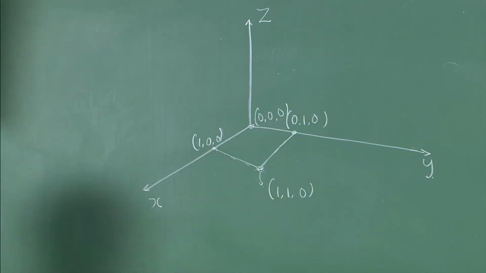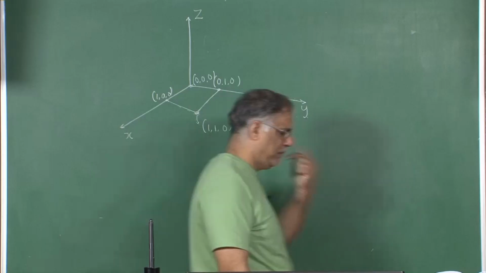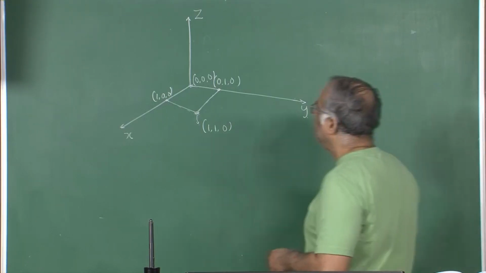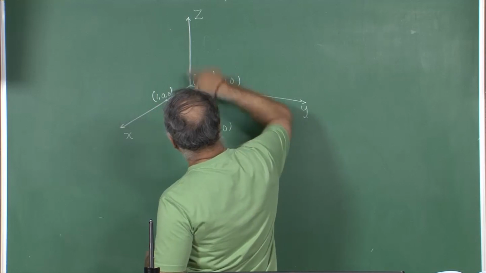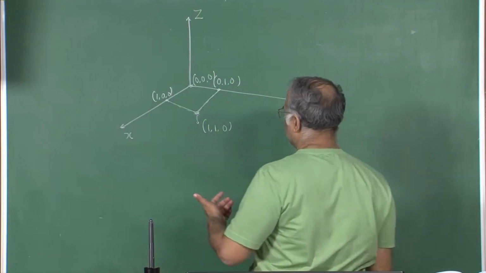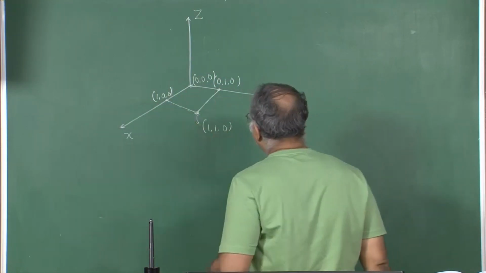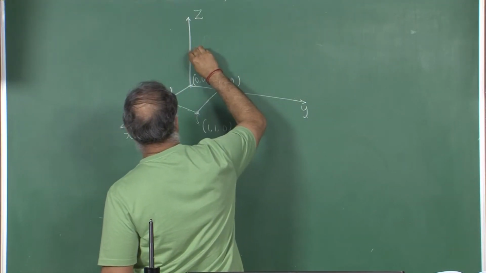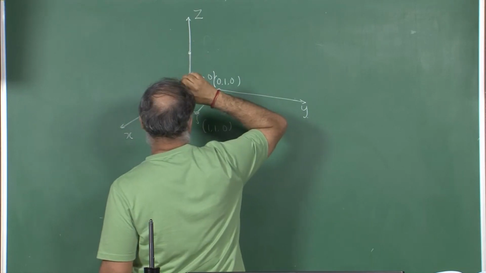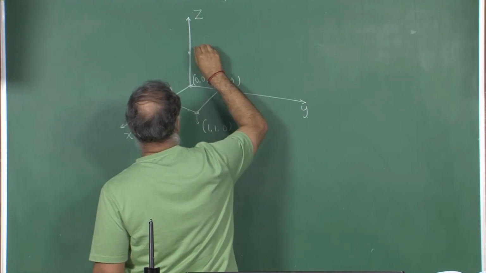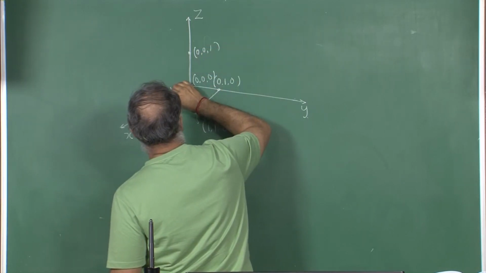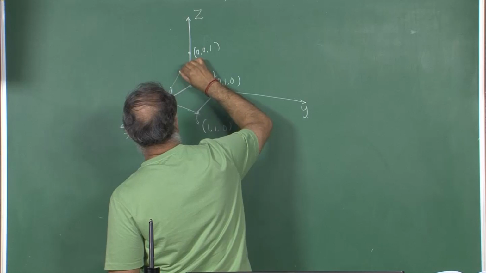Now observe there is a relationship between z and x. So if I just look at the whole problem as a relationship between z and x, then it is a function of one variable x, and it gives me z plus x equal to 1. So if I put here the point 0 0 1, let me just look at the relationship.